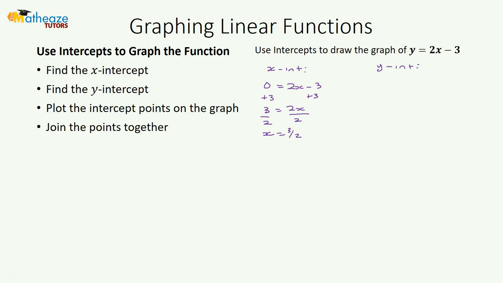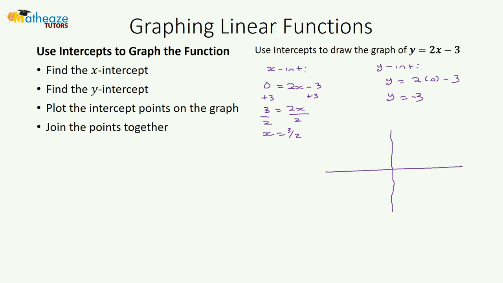Now the y-intercept: y equals 2 times 0 minus 3. So y equals, rather, negative 3. So now we're going to draw the graph. So now we're going to plot the points on the graph.